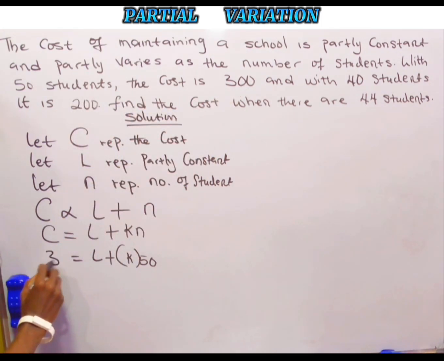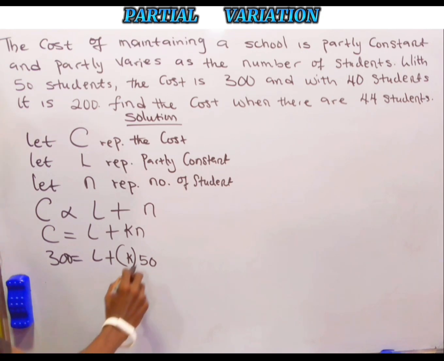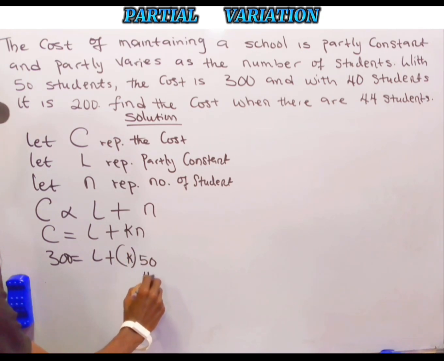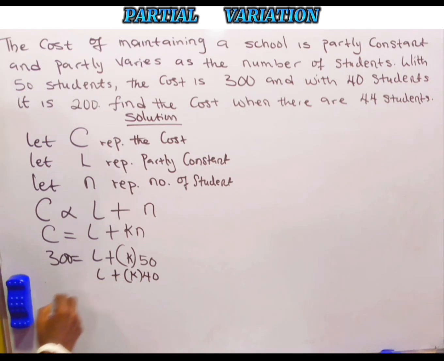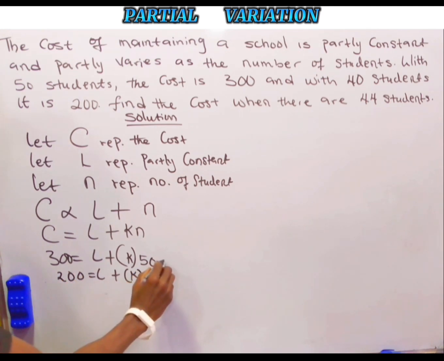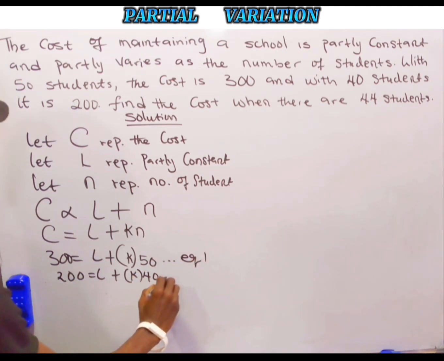So C here is 300. And with 40 students, number of students is 40. The cost is 200. So let this be equation 1. And let this be equation 2.